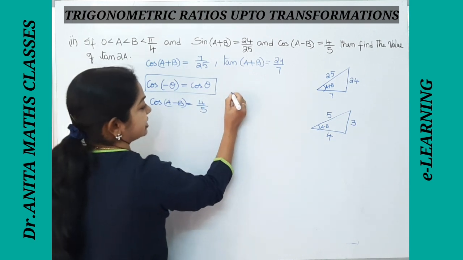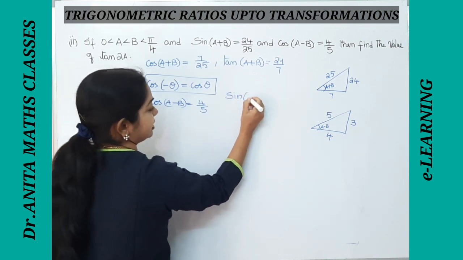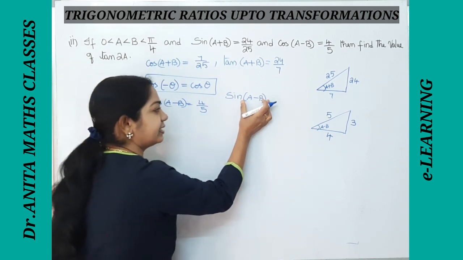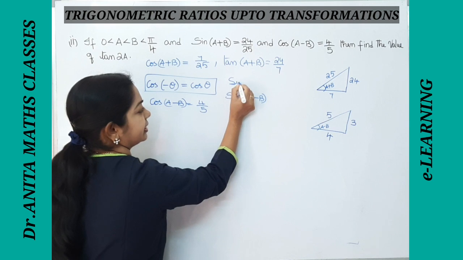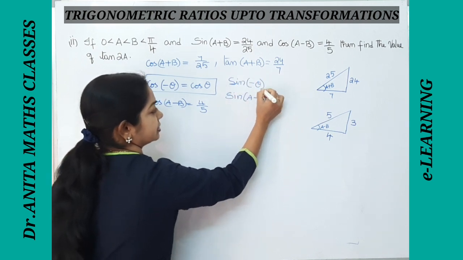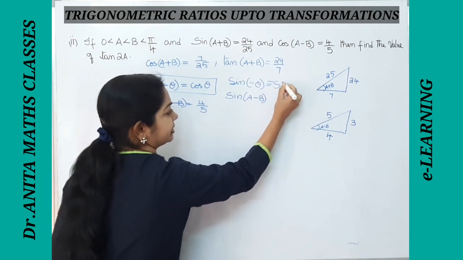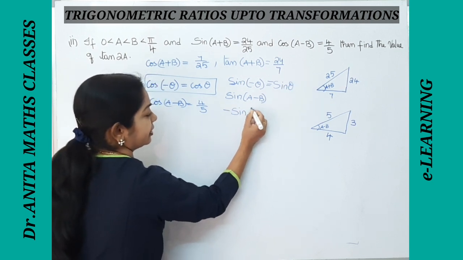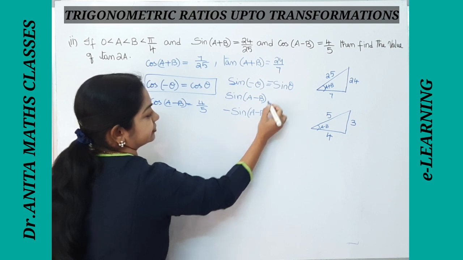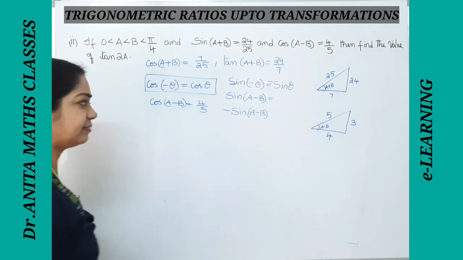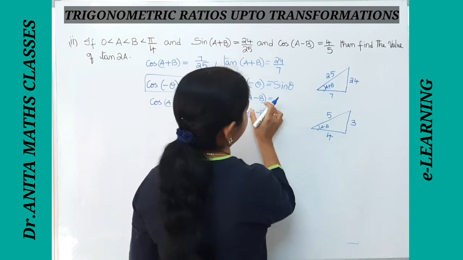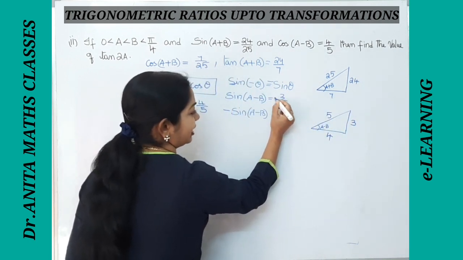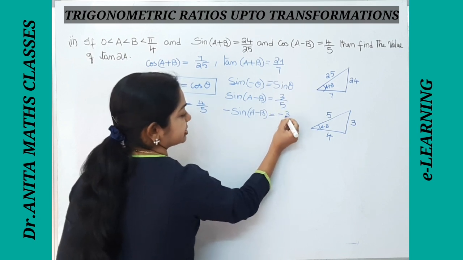But when we see the sine function, sine of A minus B, since this is a negative angle, sine of minus theta is nothing but minus sine theta. This is not positive. So we get minus of sine of the angle A minus B, and sine is 3 by 5. So this value will be equal to minus 3 by 5.